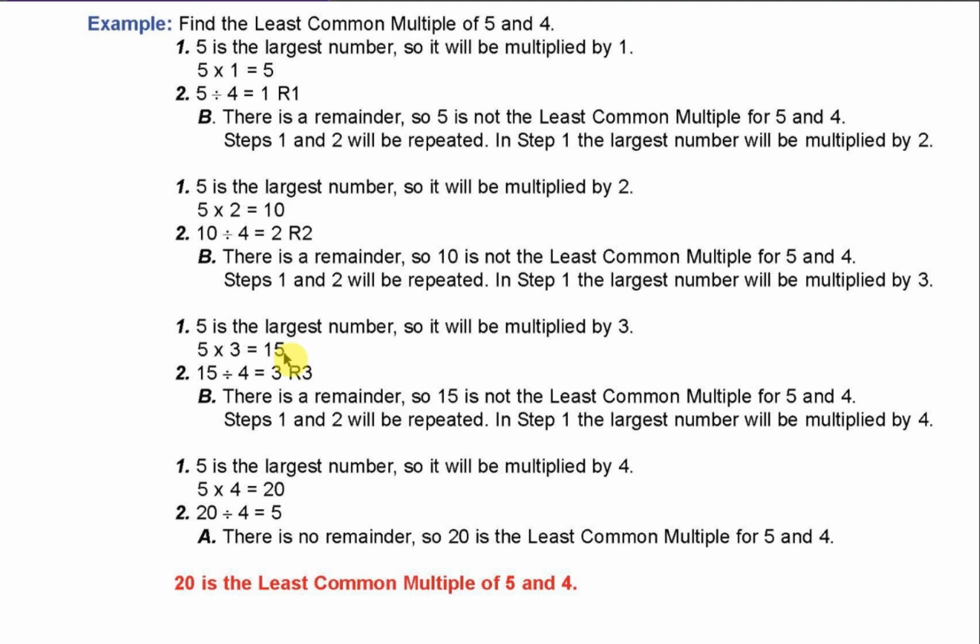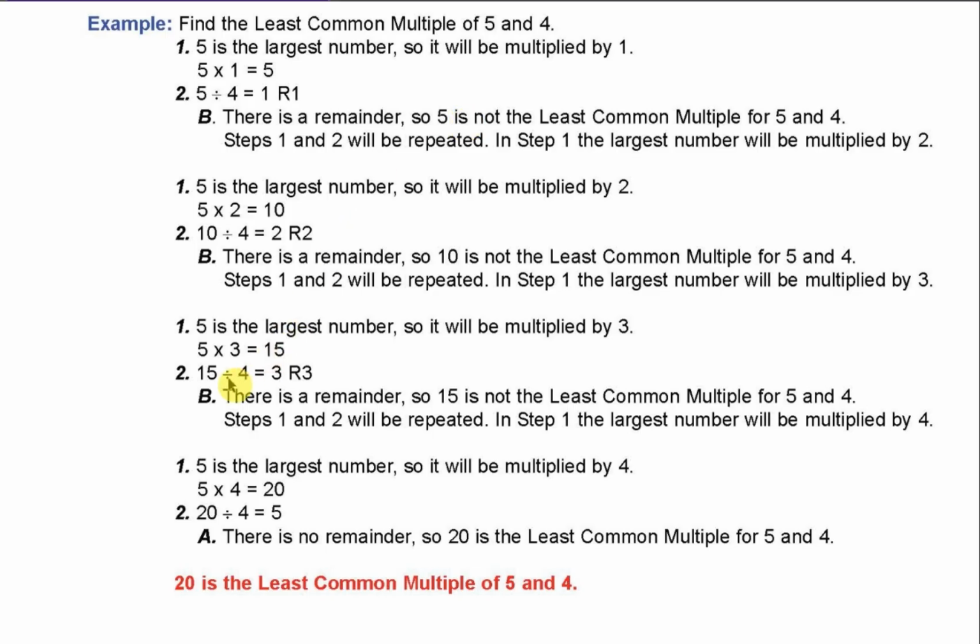So we will divide 15 by the smaller number, which is 4. Again, 4 is smaller than 5.